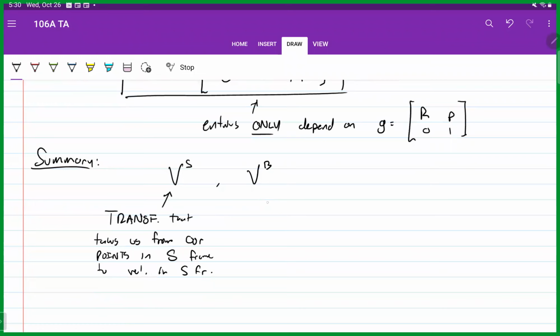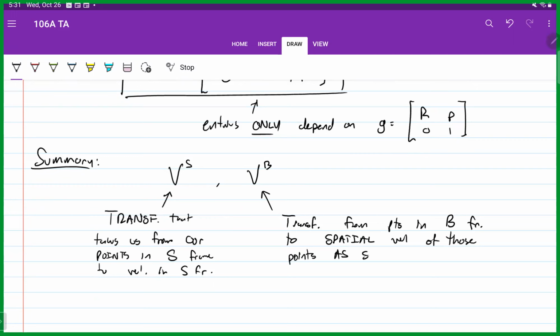Similarly, VB contains all the information about the transformation that takes us from points in the body frame to the spatial velocity of those points as seen from the body frame.